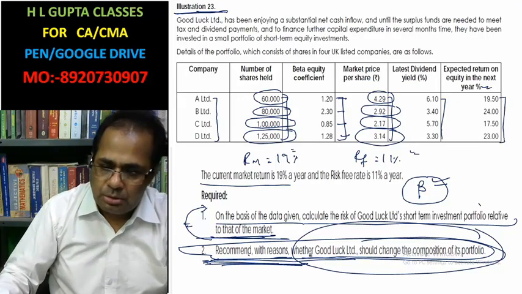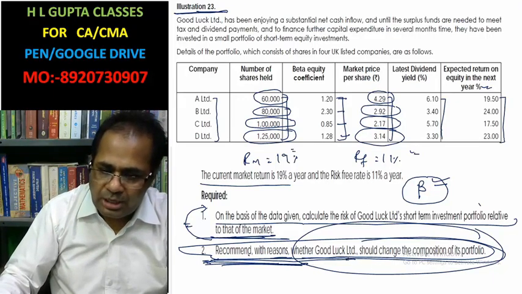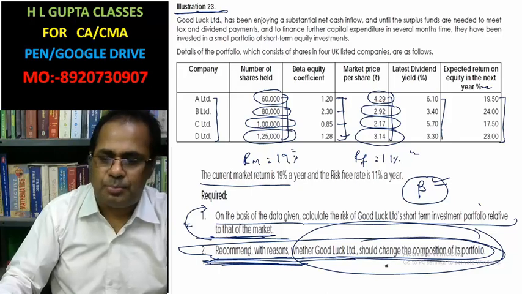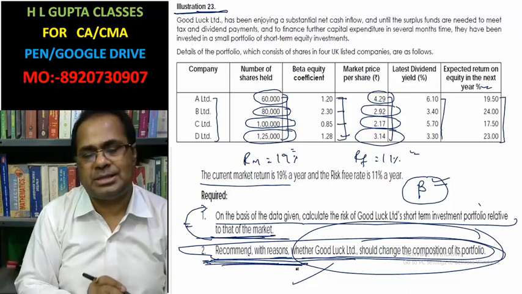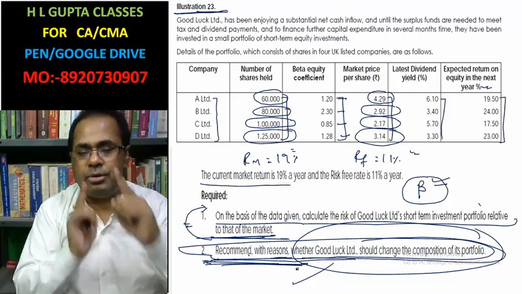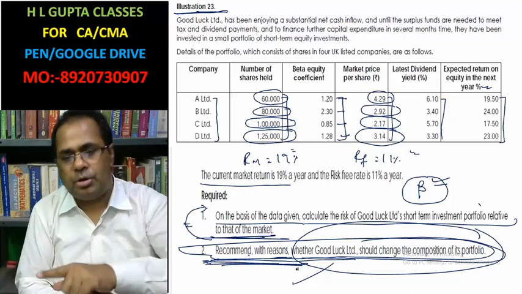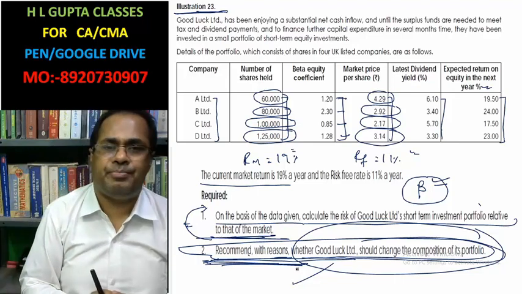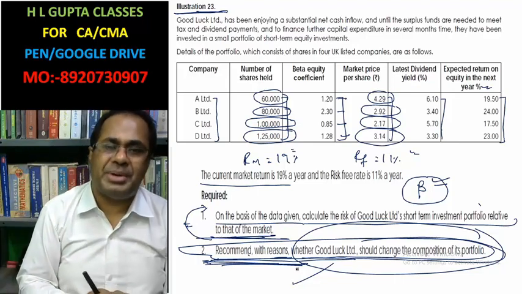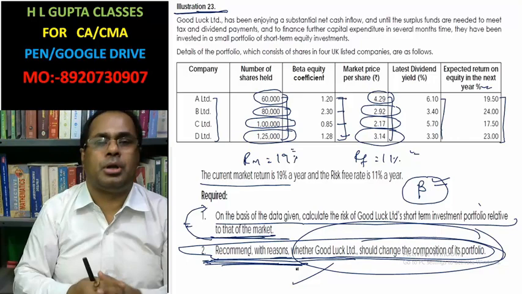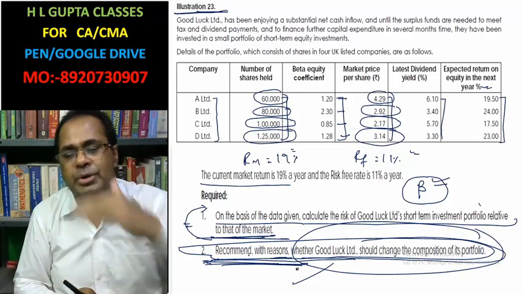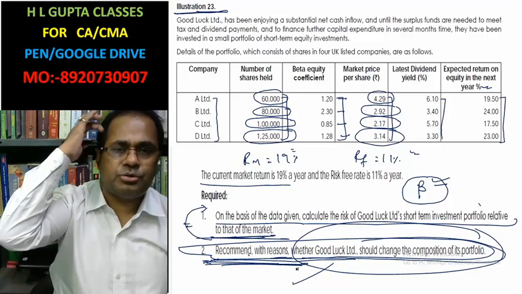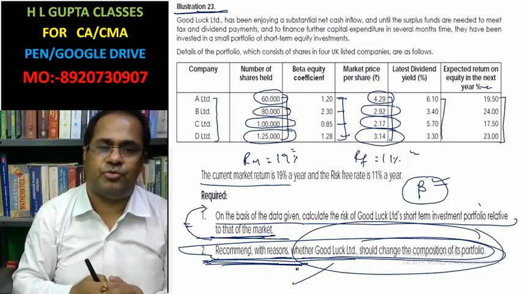What is the question? Whether Good Luck Limited should change the composition of the portfolio or not. How can I find this answer? After calculating the beta on the basis of return, the beta should be lower, but the given beta is higher. That's why we need to change our portfolio.